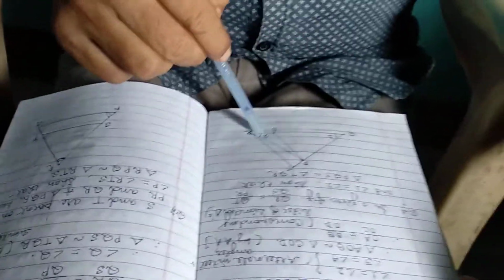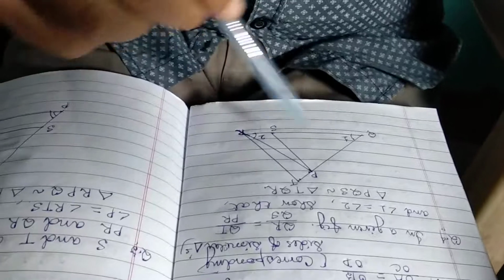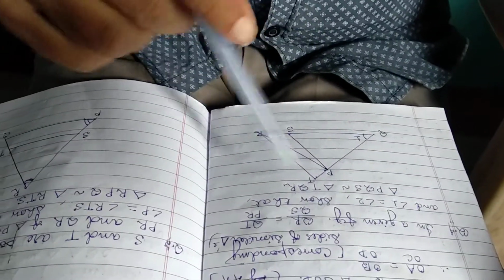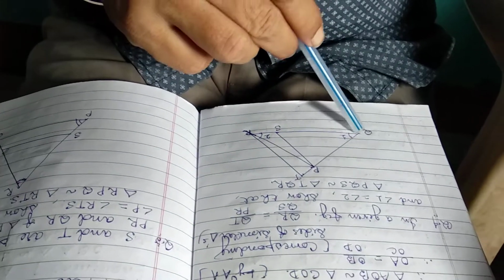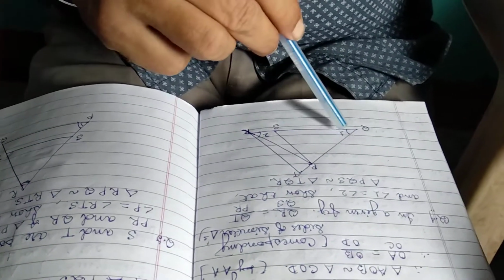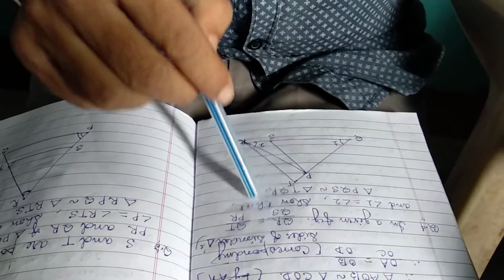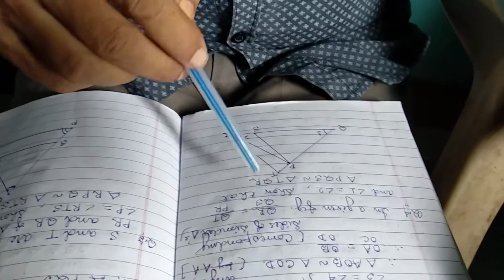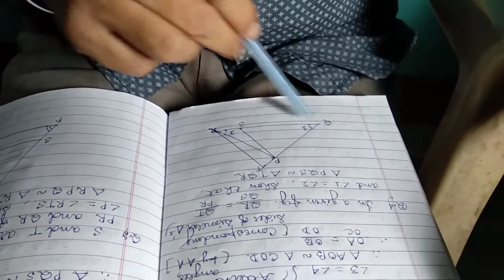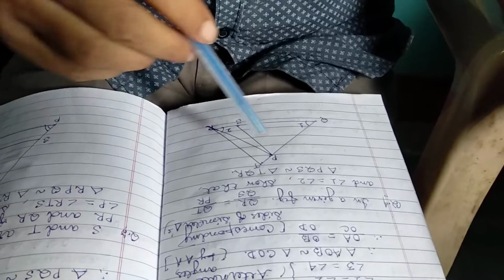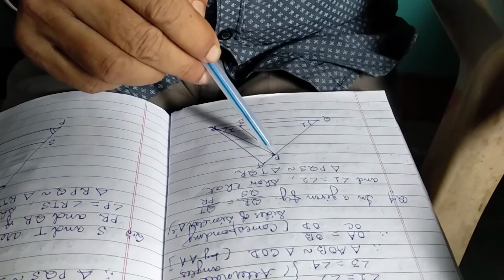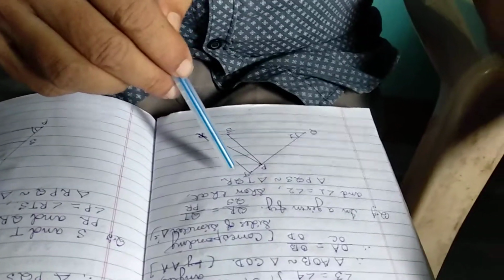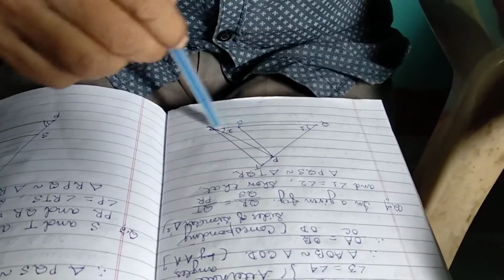In the figure you see in triangle PQR, angle 1 and angle 2, which are denoted by 1 and 2 of angles Q and R, are equal. Now we have to show triangle PQS is similar to triangle TQR. One is a smaller triangle PQS and one is a bigger triangle TQR.